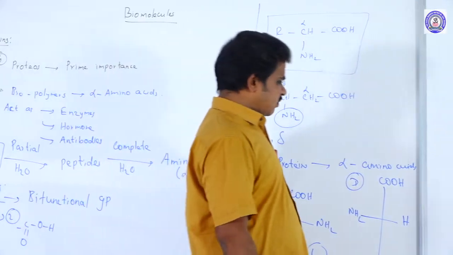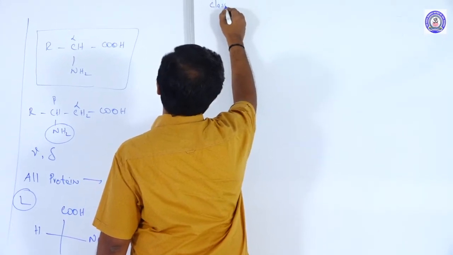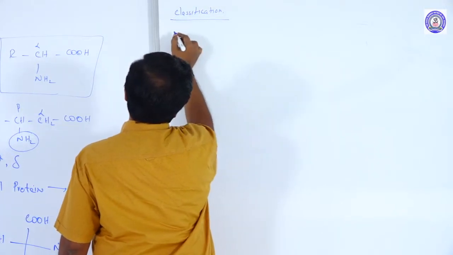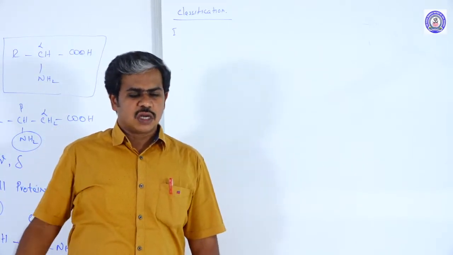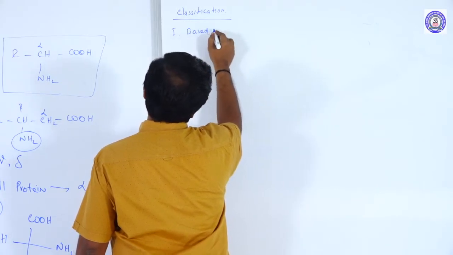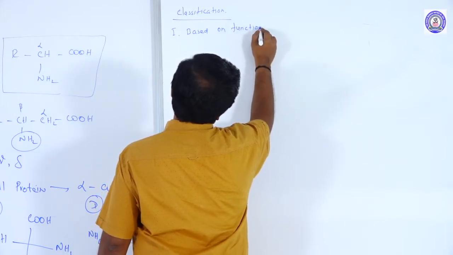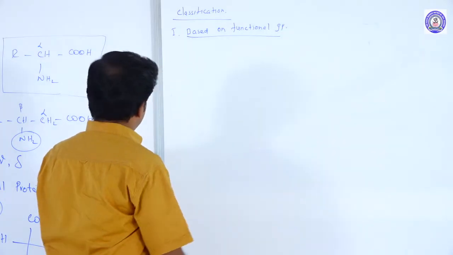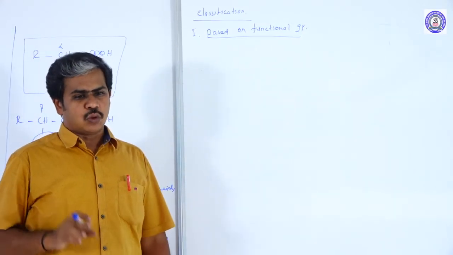Now, classification of amino acids. There are two types of classification. The first one is based on functional groups. It contains two functional groups, the NH2 group and the COOH group.